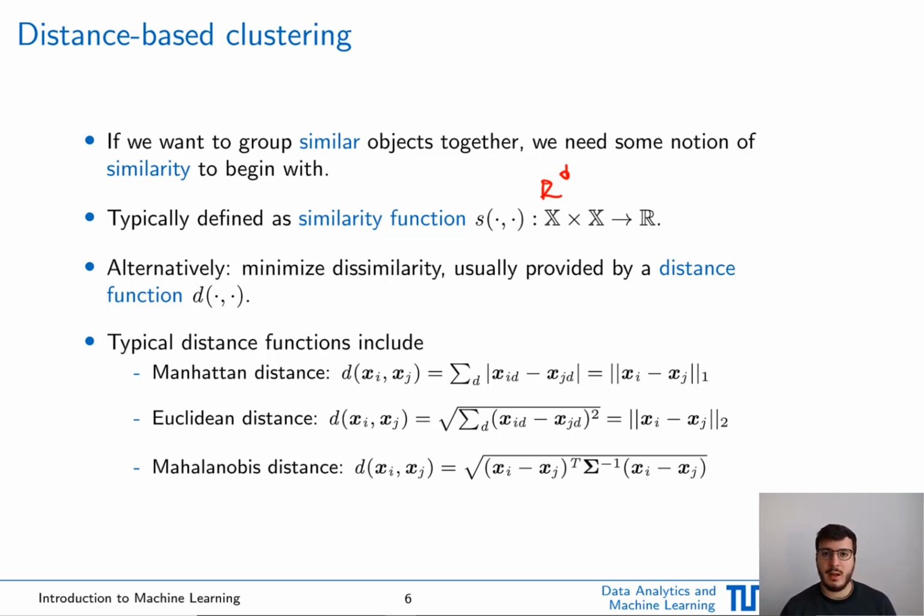And in Euclidean data, for vectors, there are a couple of established ways to measure distance between vectors. These are the Manhattan distance, the Euclidean distance, the Mahalanobis distance, and so on. So there are also more examples. And here I just want to briefly visualize the difference between these types of distances.